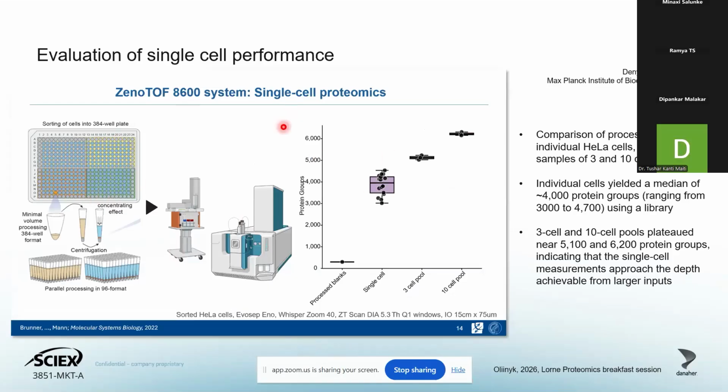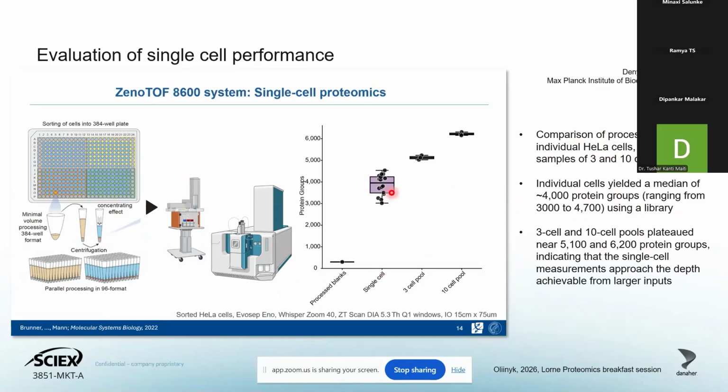The first was done at the same Max Planck Institute. They tried to analyze using the 8600 system with the EvoSep LC system with the same sample preparation workflow, with a single HeLa cell and 3 and 10 cell combinations.